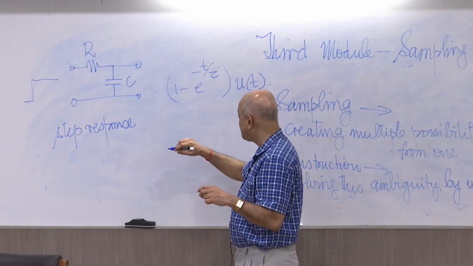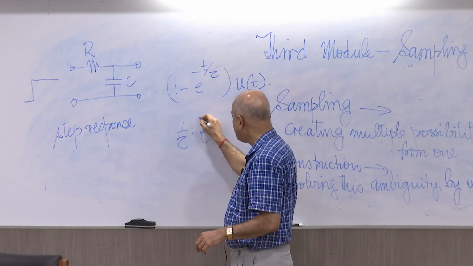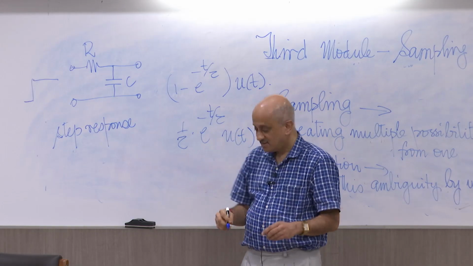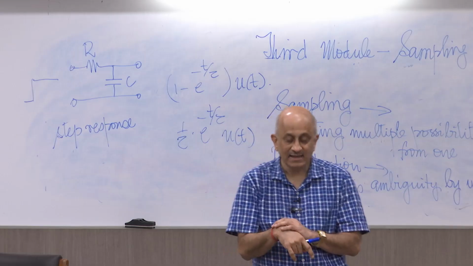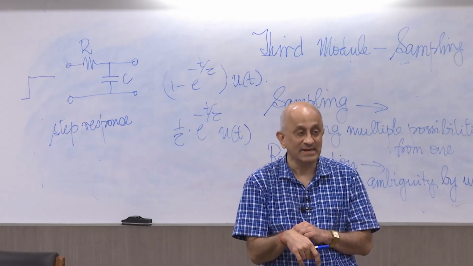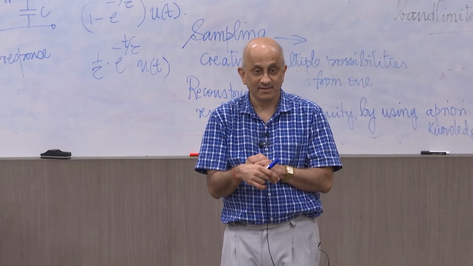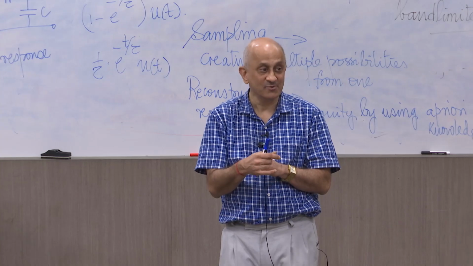Now take the derivative of this. It would be 1 by tau e raised to the power minus t by tau u(t). So how many unknowns do I have in this expression? 2. How many unknowns do I have in this expression?